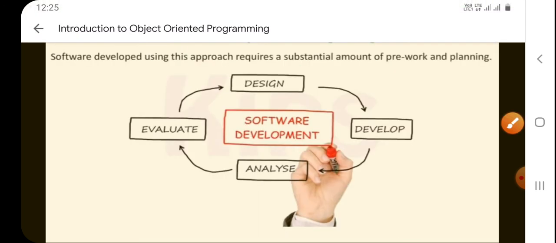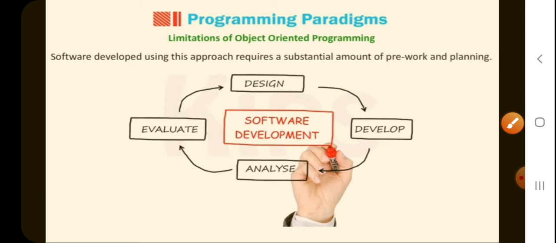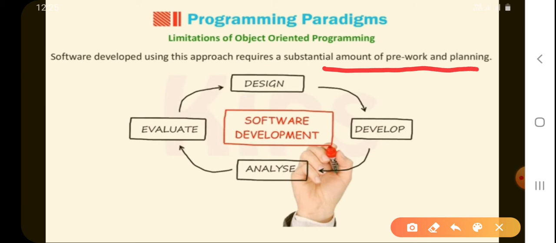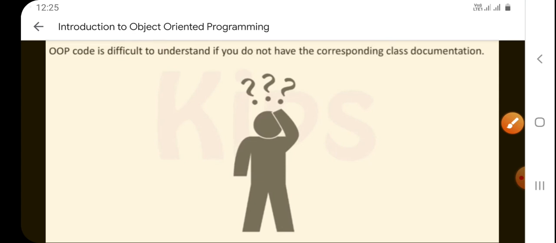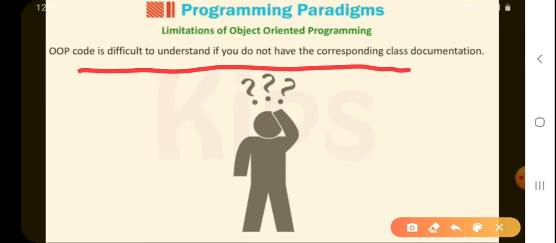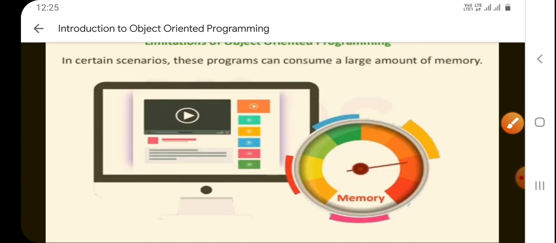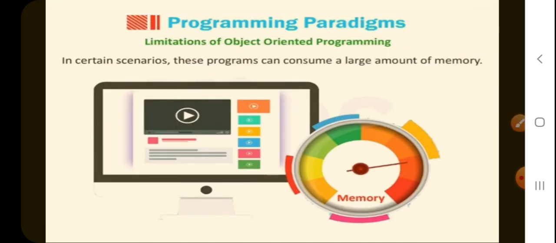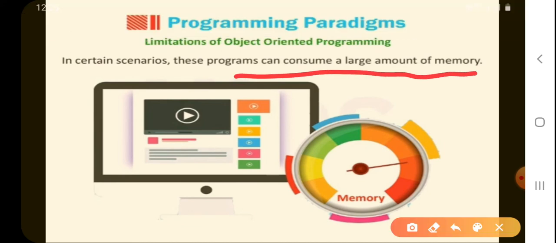Then, software developed using the object oriented approach requires a large amount of pre-work and planning. Then object oriented programming is difficult to understand if you do not have the corresponding class documentation. Then, in certain scenarios, an object oriented program can consume a large amount of memory.